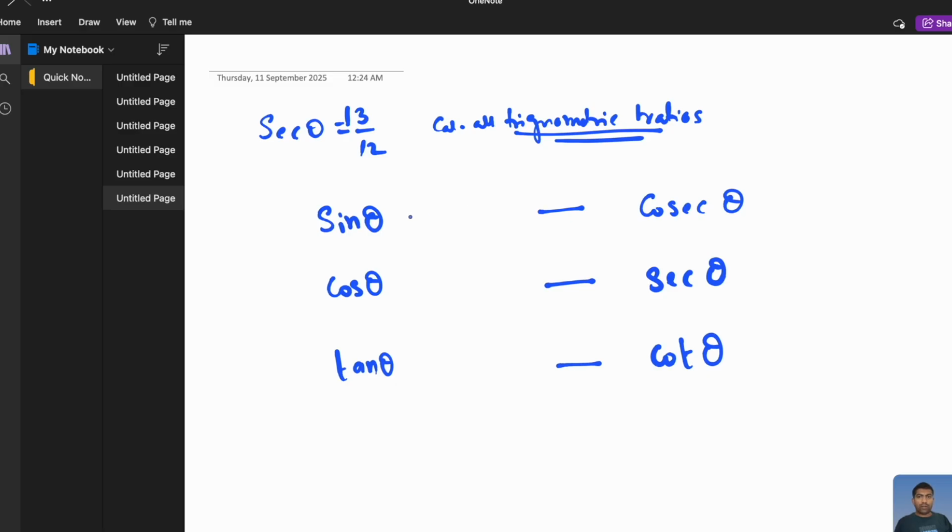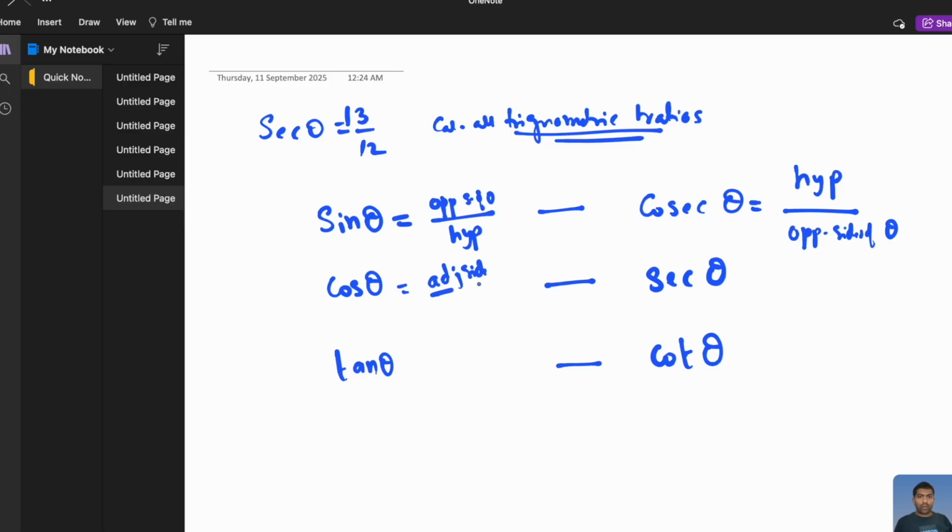Sine theta is nothing but the opposite side of angle theta by hypotenuse, whereas cosecant theta is exactly the opposite of sine theta, that is hypotenuse divided by the opposite side of angle theta. Similarly, cos theta is nothing but the adjacent side of angle theta divided by hypotenuse. Secant theta would be the reciprocal, hypotenuse by the adjacent side of theta.